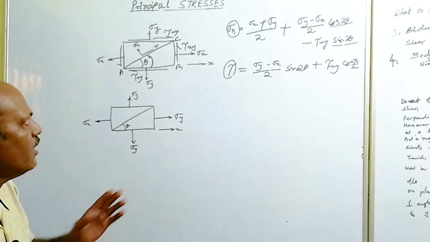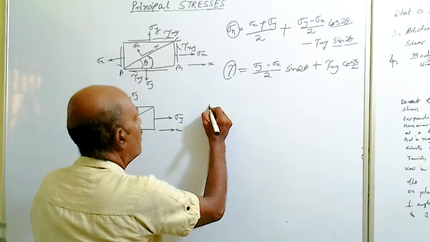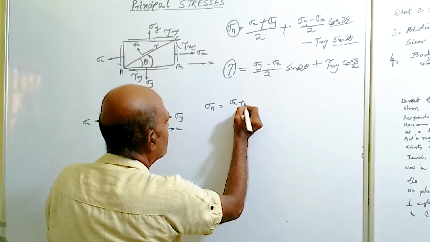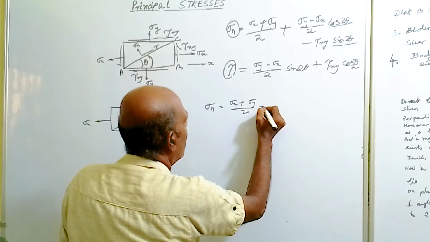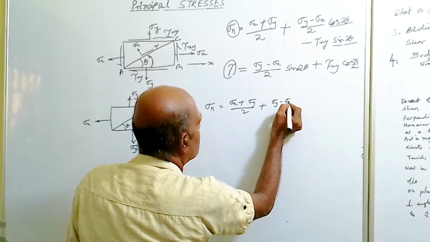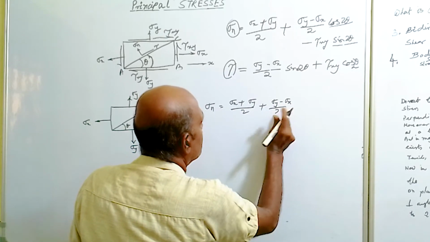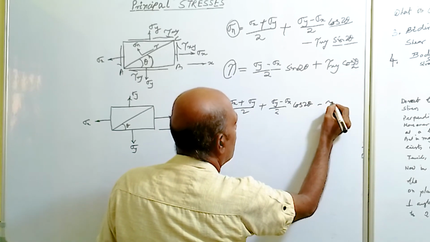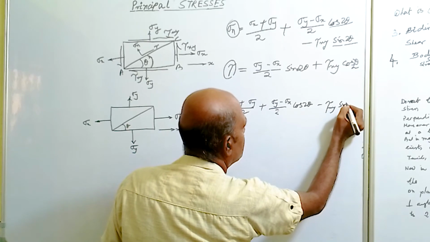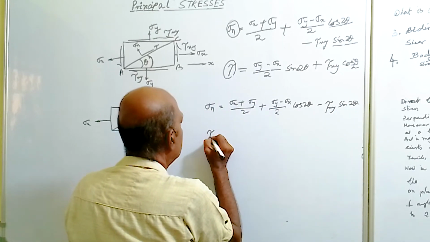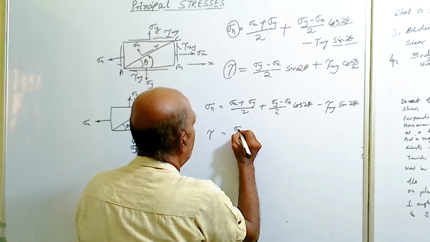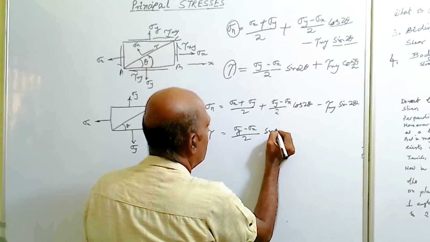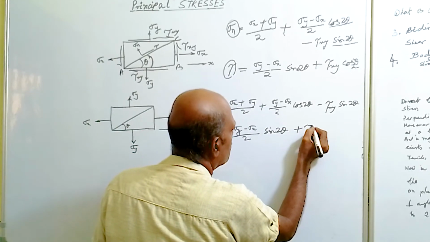So easily we can obtain, for this case, sigma n equal to (sigma x plus sigma y)/2 plus (sigma y minus sigma x)/2 cos 2 theta minus tau xy sin 2 theta, and tau equal to (sigma y minus sigma x)/2 sin 2 theta plus tau xy cos 2 theta.